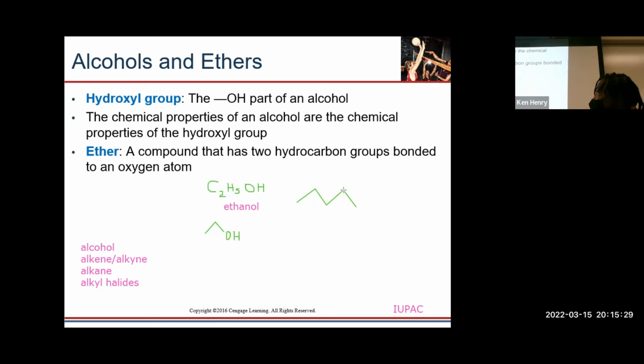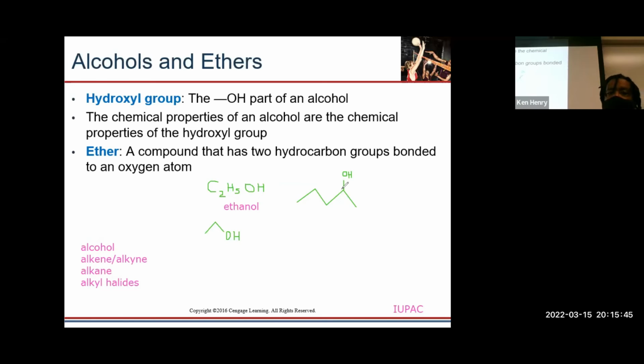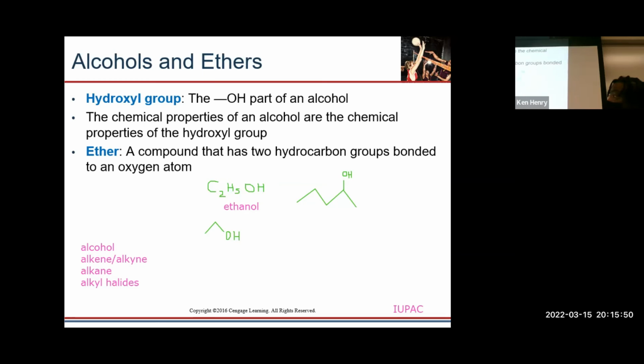But if it's not at the first carbon, like in this case, then we have to put a number, right? So what would this guy be called? Longest carbon chain: 1, 2, 3, 4, 5. 5 carbon chain.